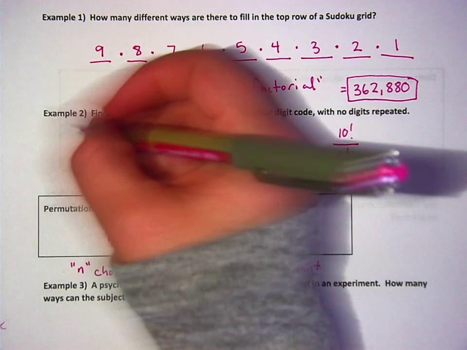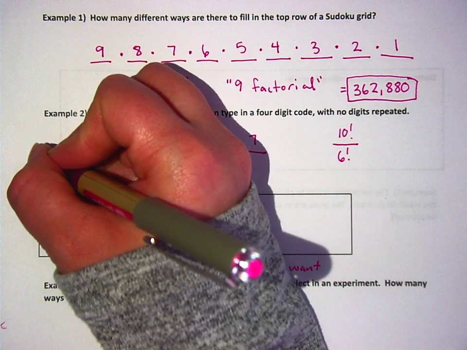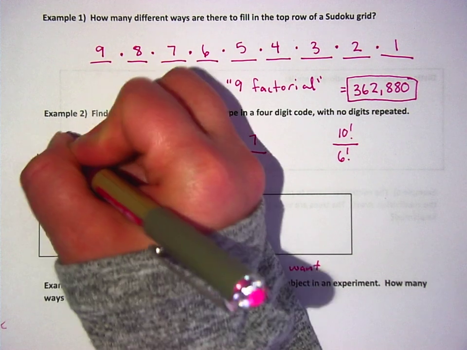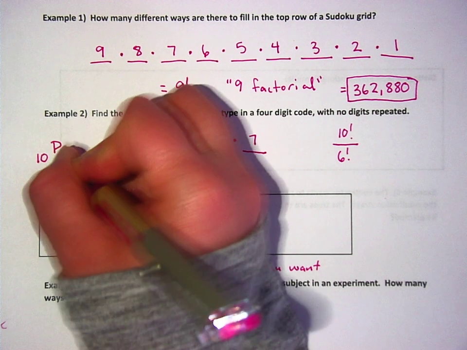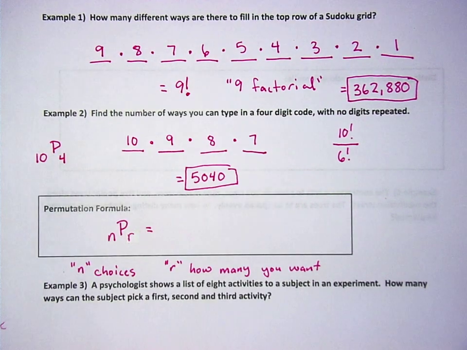So this one up here would have been 10 permutation 4, because there were 10 choices of digits we could have had. It's a permutation because we care about their order, and 4 is how many digits we want. That making sense to you?